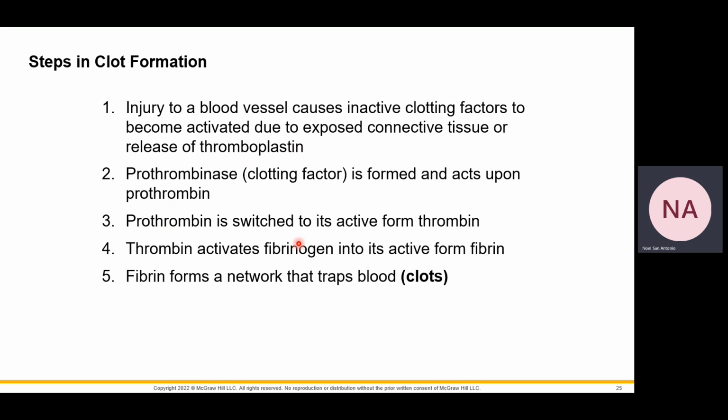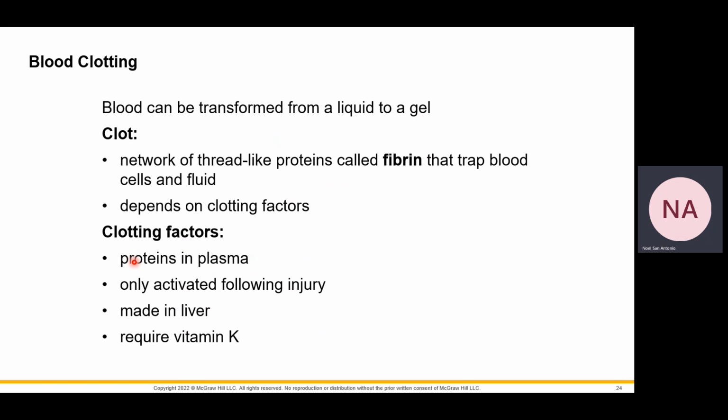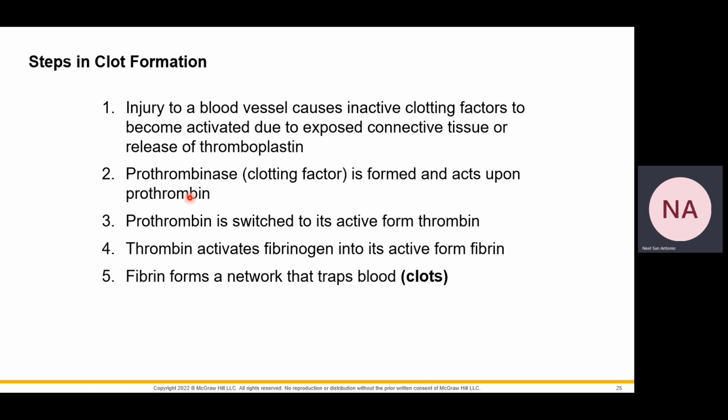Prothrombin is switched to its active form, which is thrombin, while thrombin activates fibrinogen into its active form, which is called fibrin. And it is fibrin that we have mentioned earlier. It now traps blood cells and fluids, which results in a blood clot.